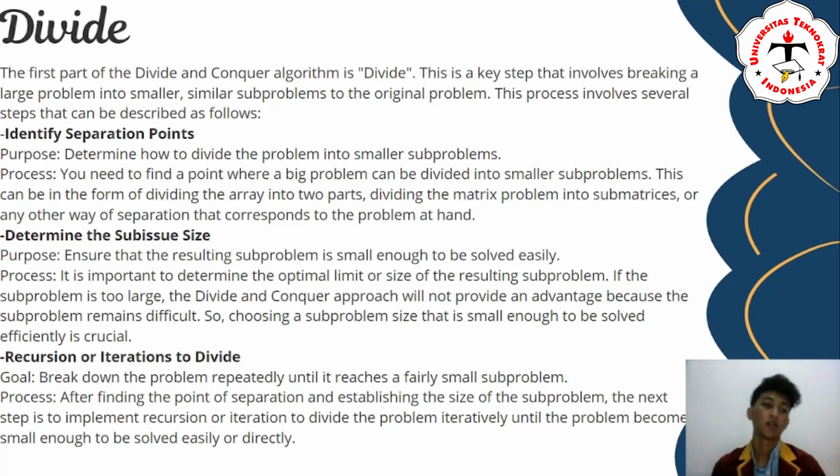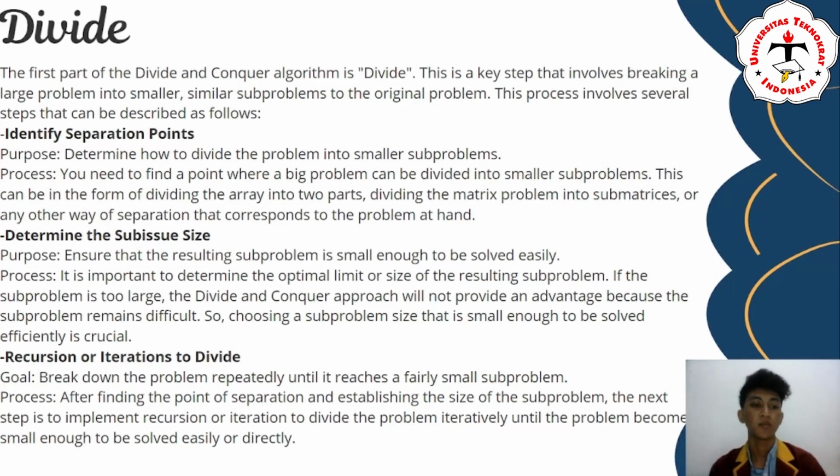2. Determine the subproblem size. Purpose: ensure that the resulting subproblem is small enough to be solved easily. Process: it is important to determine the optimal limit or size of the resulting subproblem.